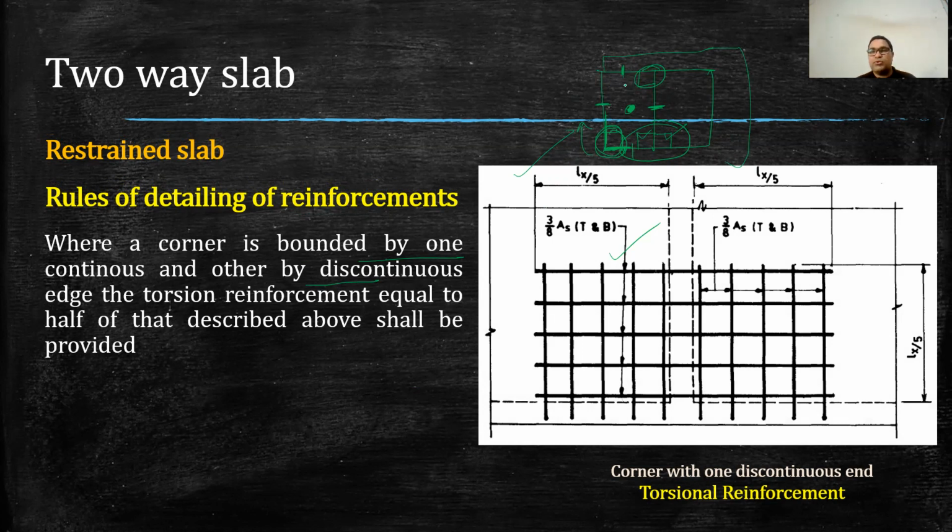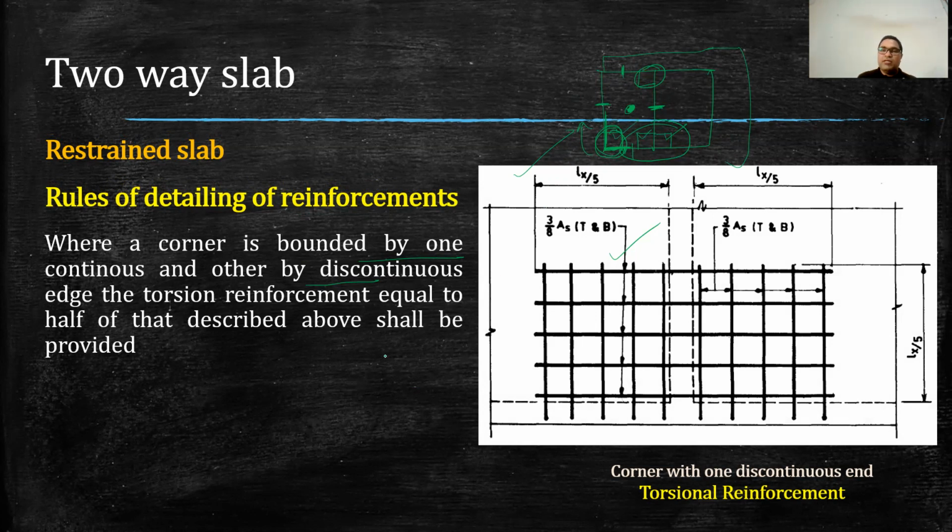If it is contained with two discontinuous edges, we provide full torsional reinforcement, and in full torsional reinforcement, each layer consists of area equivalent to 3/4 of the reinforcement for maximum mid-span moment. And for a corner consisting of one continuous and one discontinuous edge, there we provide half of the reinforcement required in the corner containing two discontinuous edges.